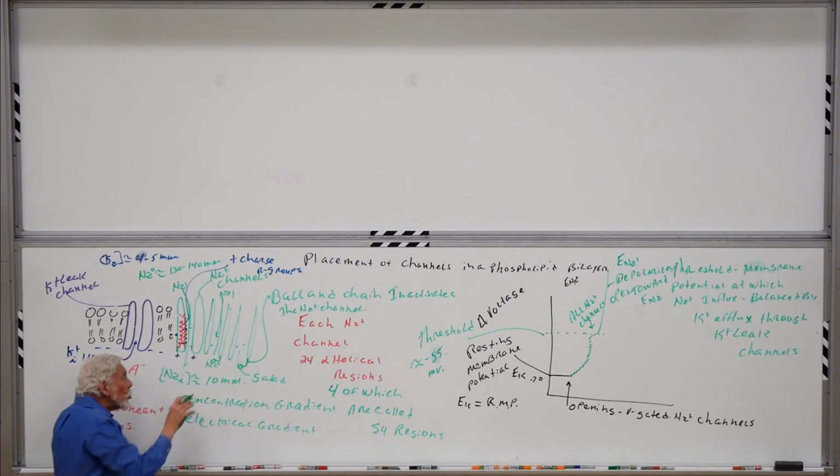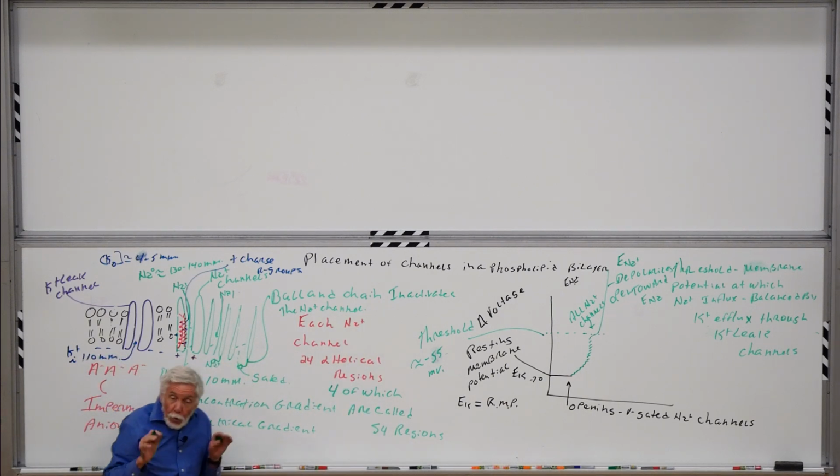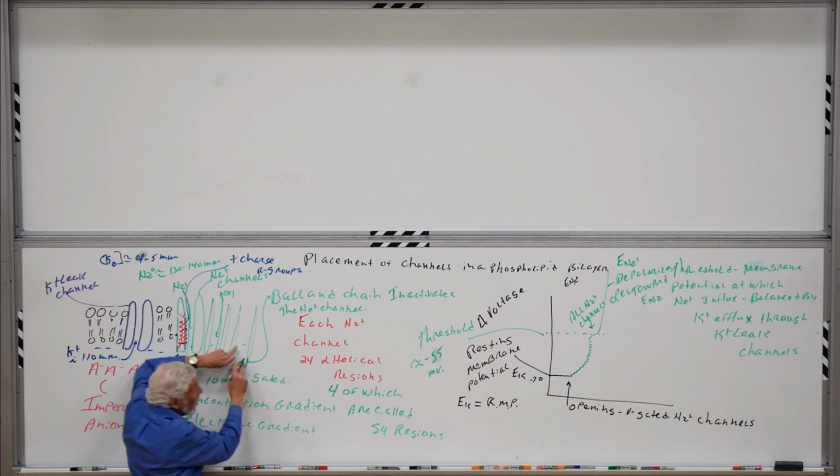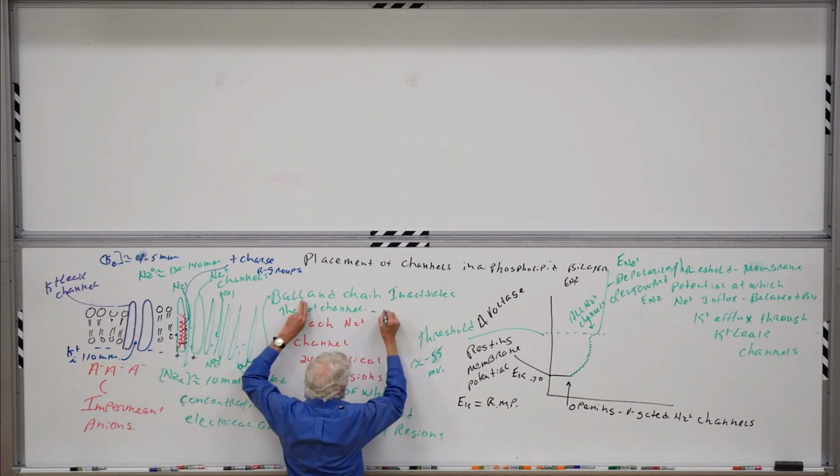And in some places, you'll see this ball and chain referred to as the inactivation gate. Regardless of what we call it, what it's saying is we now get a configurational change down here so that we basically plug the channel. When these channels are inactivated, they are effectively closed.